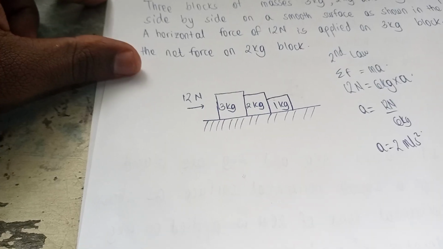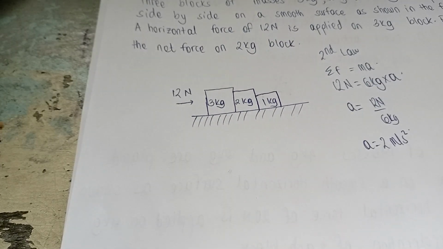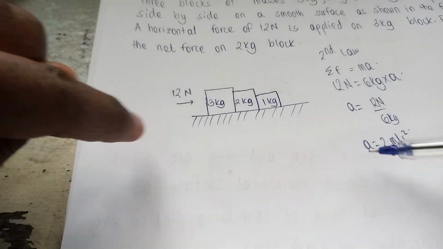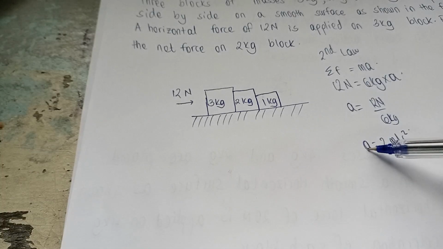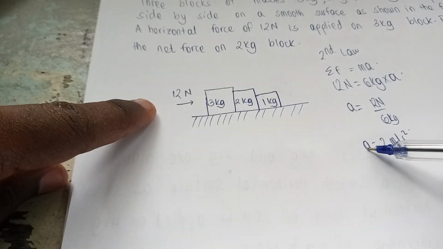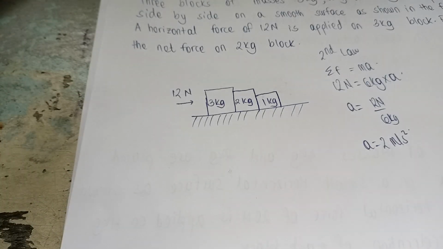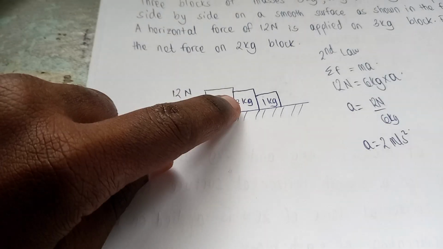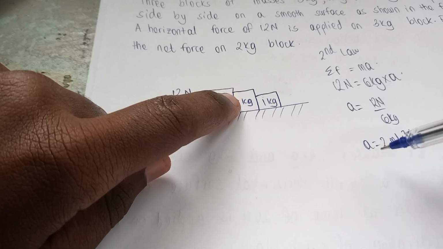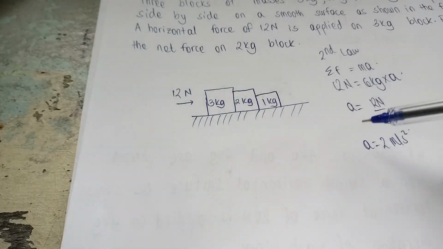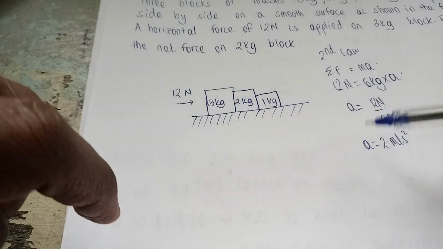Okay, so that's clear. Now we do not want acceleration, we want the net force. So where do we use the acceleration? Easy. We have the acceleration, and the net force we want is the one acting on the 2 kilogram block. We have the mass, which is 2 kilograms.